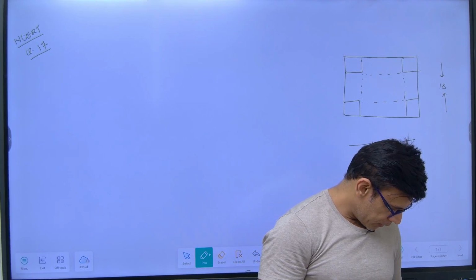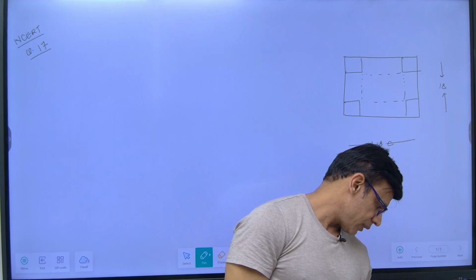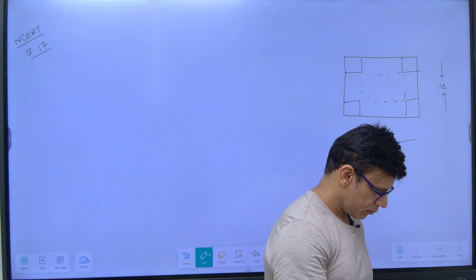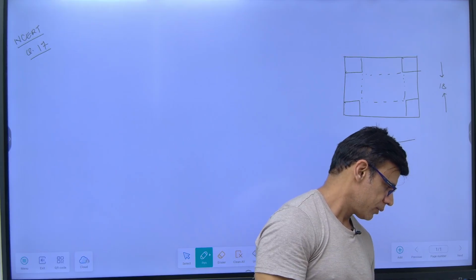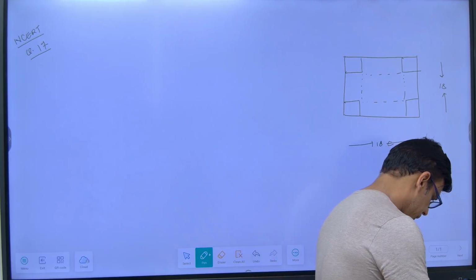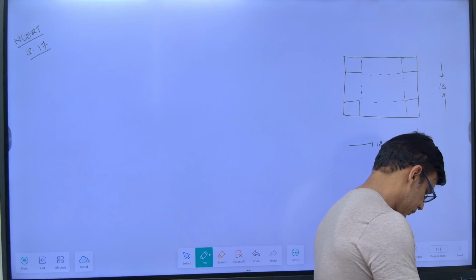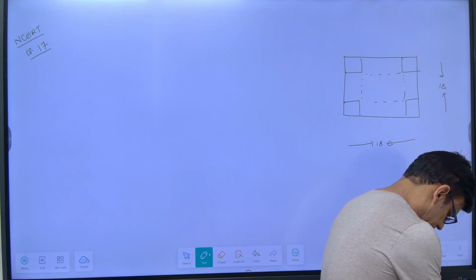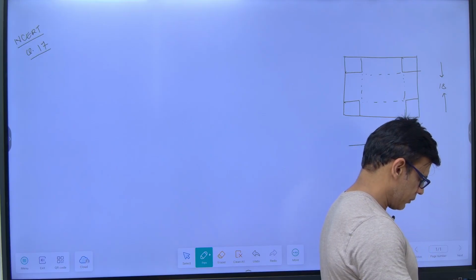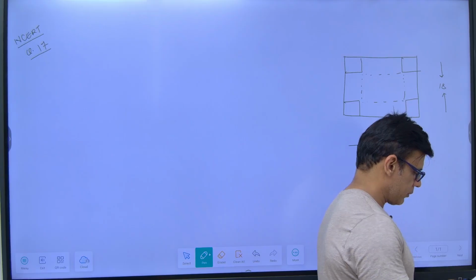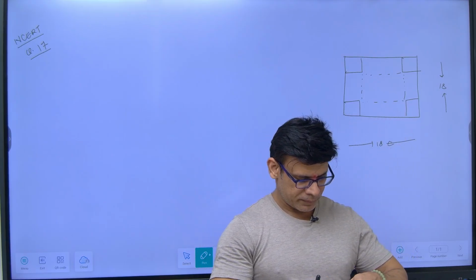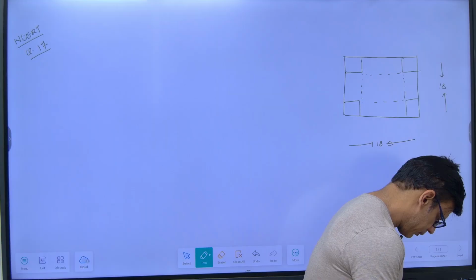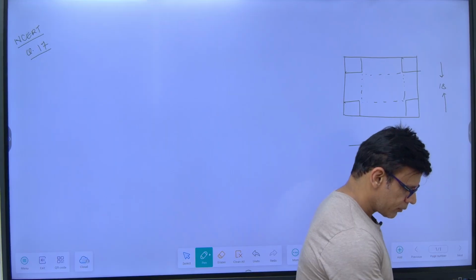If there is any square piece of paper, I have to take it out. Suppose you're going to make a box out of it, that you need to understand, right?